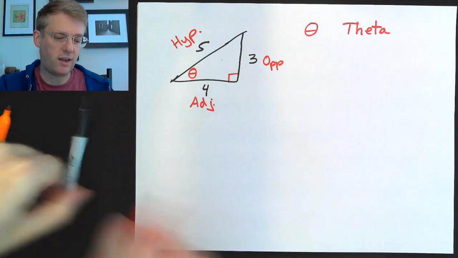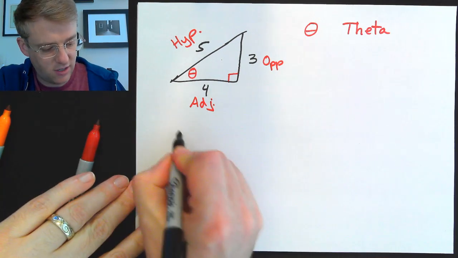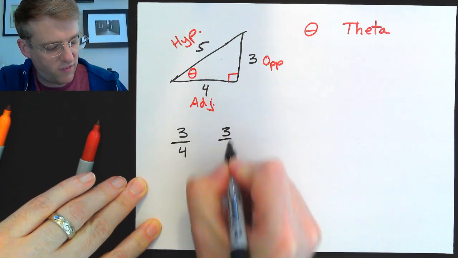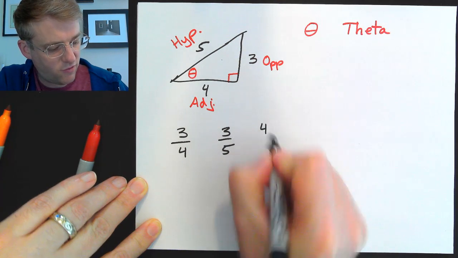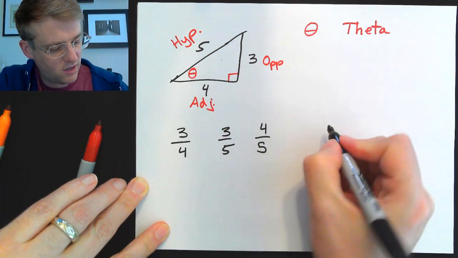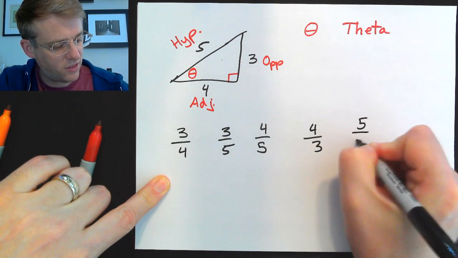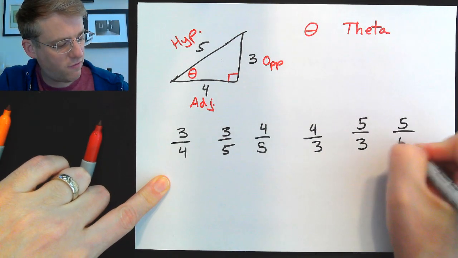So we can write out our 6 fractions again. 3/4, 3/5, 4/5, and then their reciprocals, 4/3, 5/3, and 5/4.